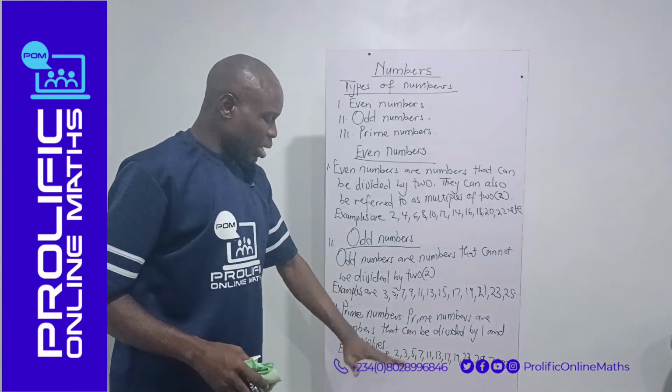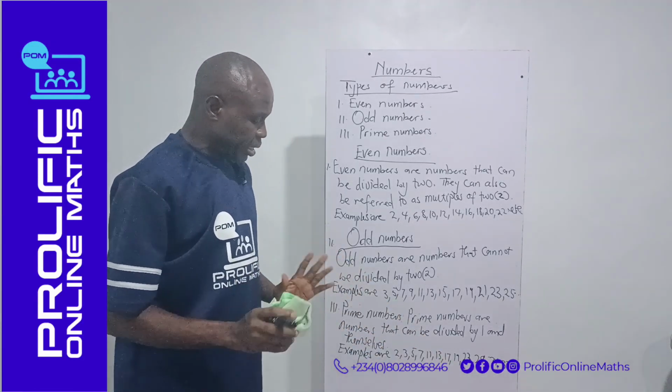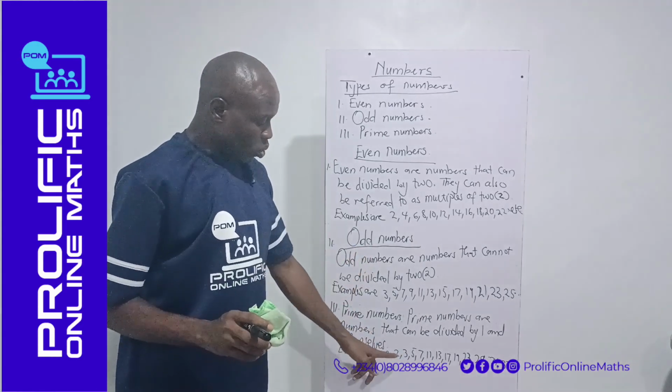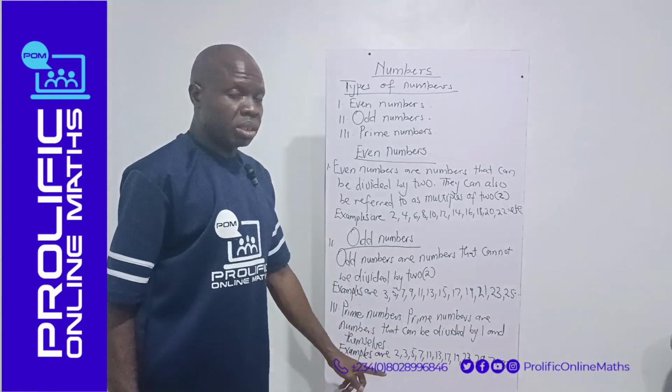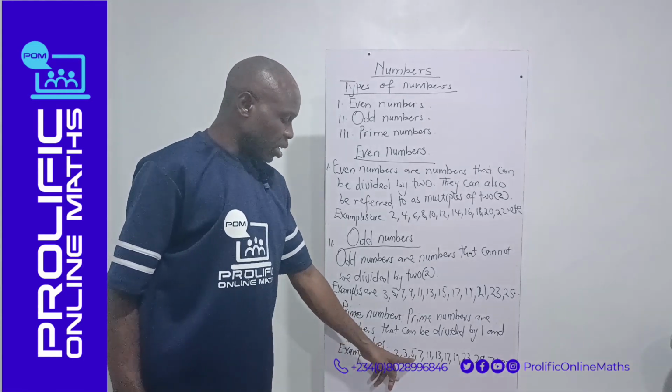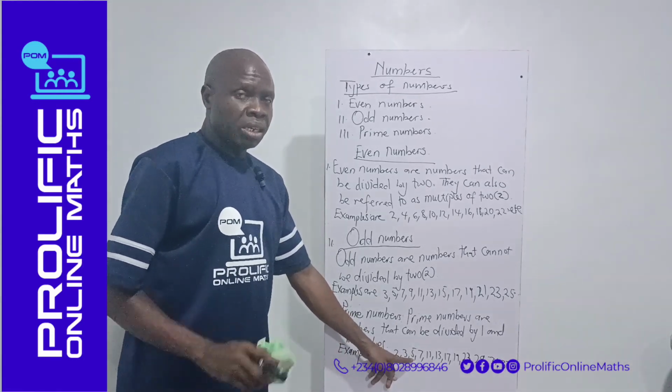Why? No other number can divide them except themselves and 1. So only 1 can divide 2 and 2 itself. Only 3 can divide 3 and 3 itself. Only 5 can divide 5 and 5 itself.